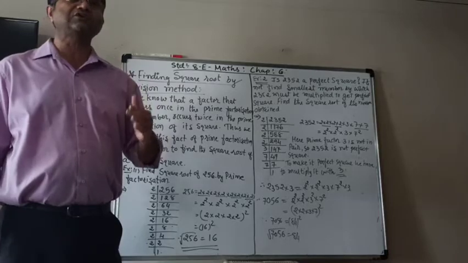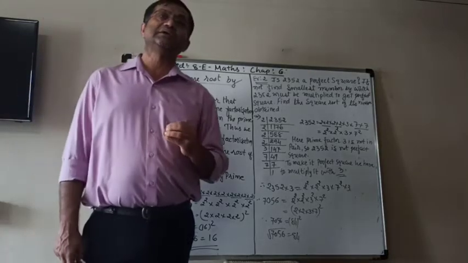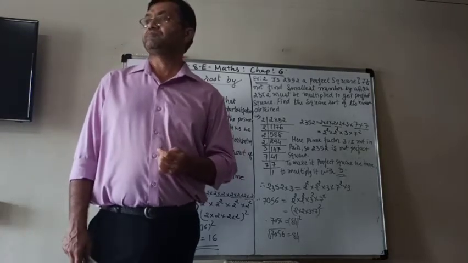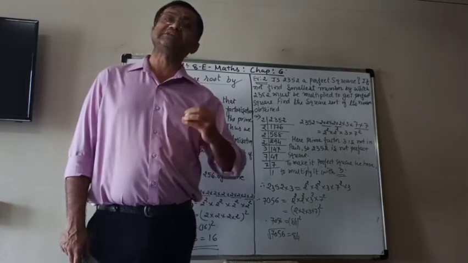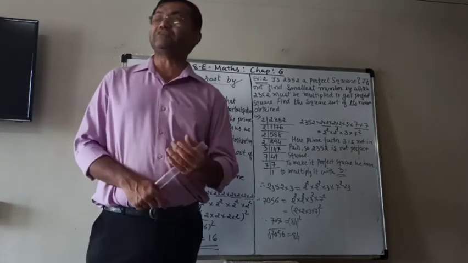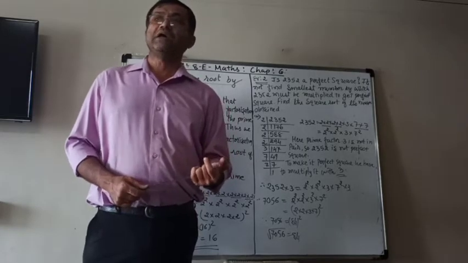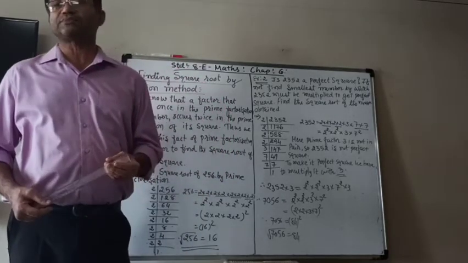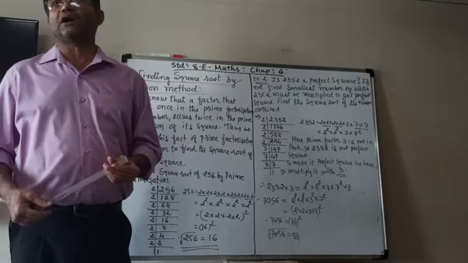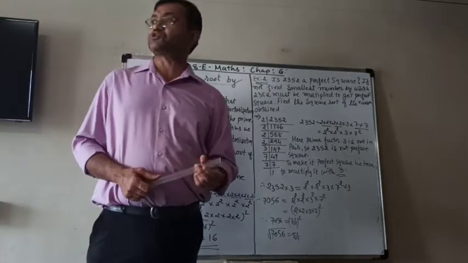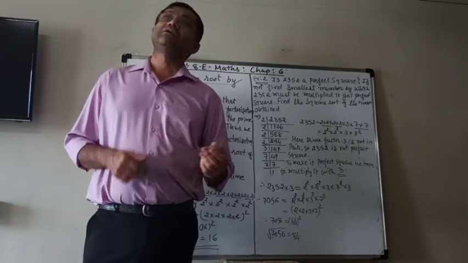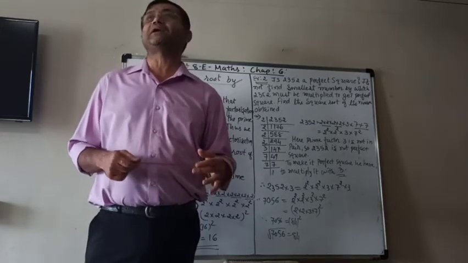Then we count how many steps we took to reach 0, and that will be the square root of the given number. If 0 does not come, it means that the number is not a perfect square and we cannot find the square root of that number.